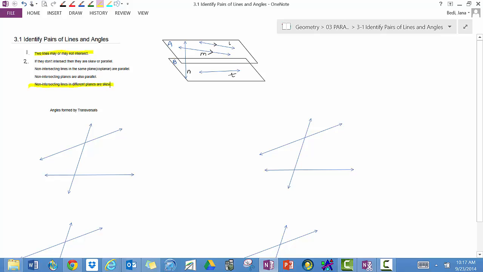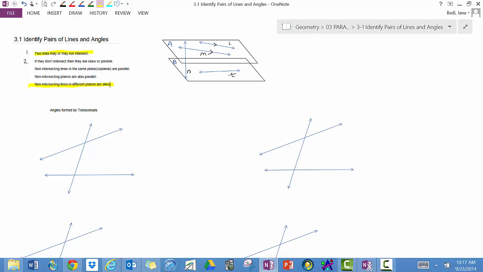Non-intersecting lines in different planes are skew. Two lines are skew lines if they do not intersect and are not coplanar. So two conditions. They do not intersect and they're not coplanar. Note that lines N and M are not coplanar, but they do intersect, so they are not skew.